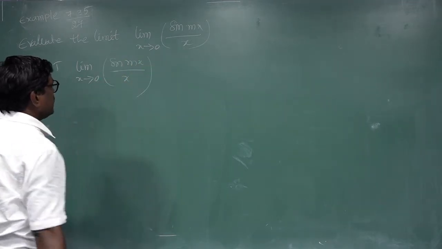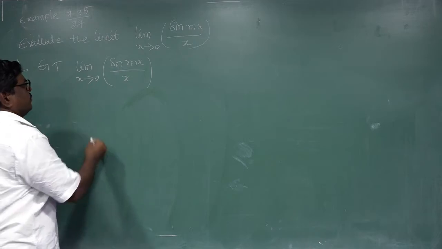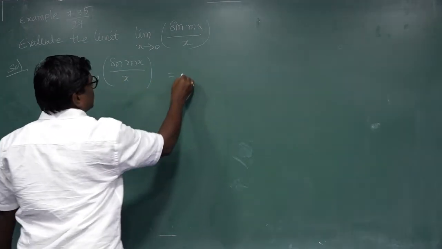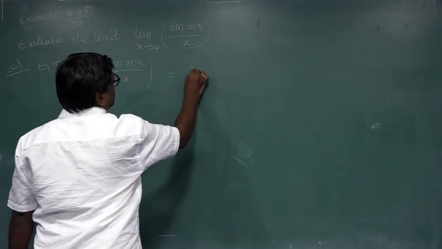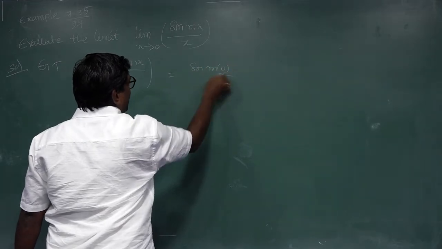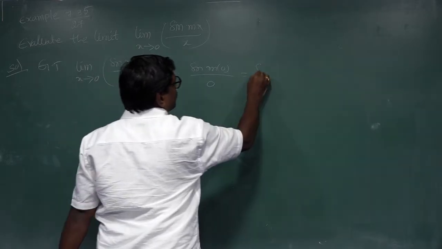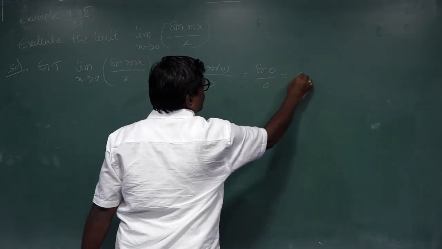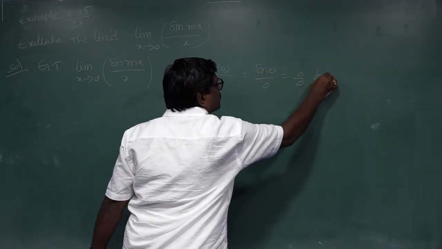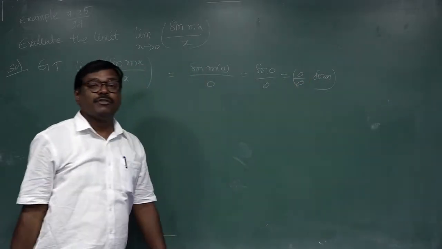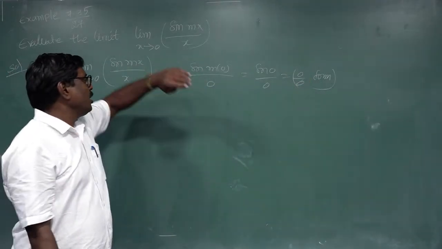By direct substitution, x is replaced by 0, giving sin(m into 0) by 0, which is sin 0 by 0, that is 0 by 0 form. This is an indeterminate form.